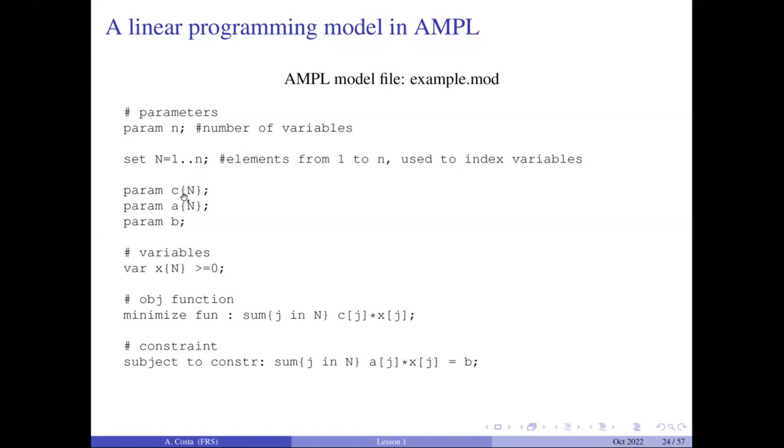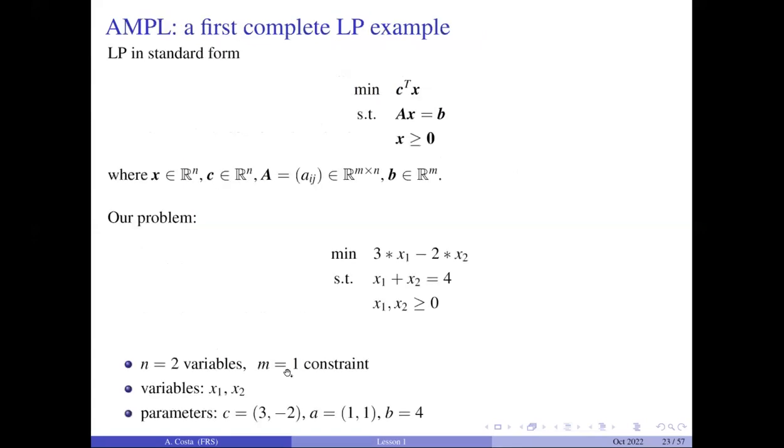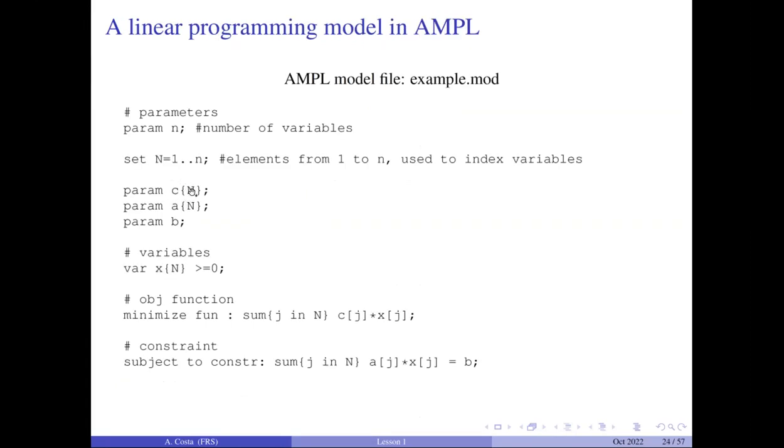Then we define the parameters C, A, and B. So remember, the parameter C is this 3, minus 2, the values here in the objective function. We define C of n. This expression means that we have C1 and C2. This is useful later when you see the objective function.